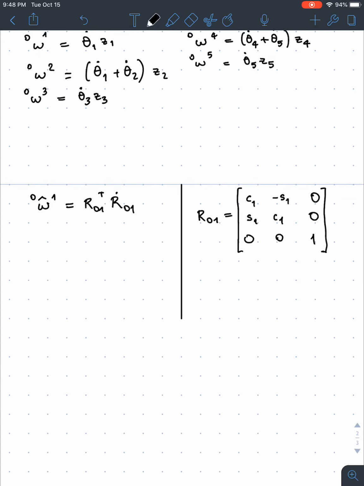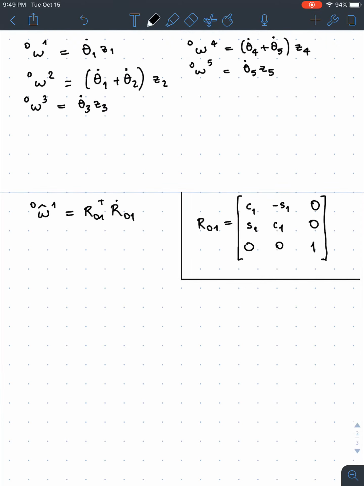Now, what we can do is actually compute this thing here.